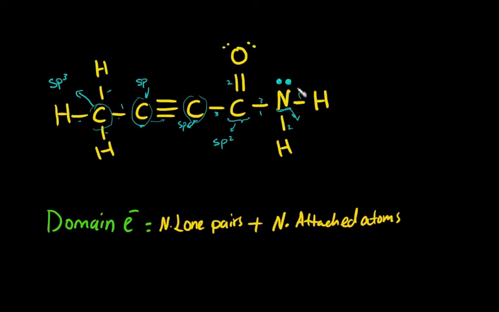This has one lone pair, so one lone pair plus 3 attached atoms, so we will have 4 domain electron number, so it will be sp3. This is the hybridization of this nitrogen.